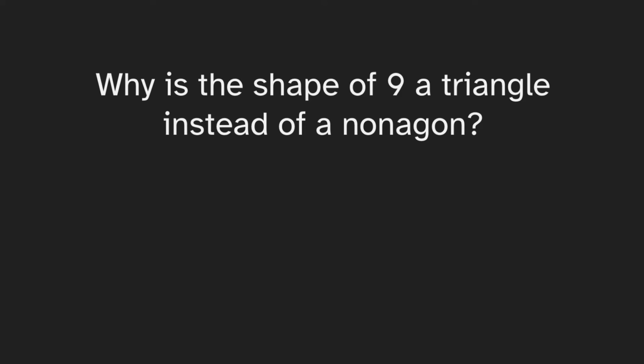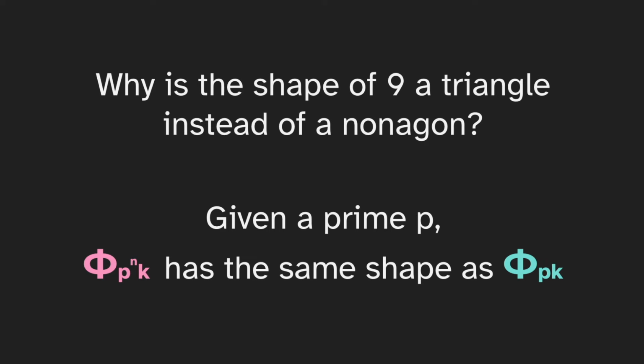Well, in this case, it turns out that that's because 9 is 3 times 3. But we only take one of those 3's into account when determining the shape. More generally, given a prime p, phi sub p to the nk has the same shape as phi sub pk.